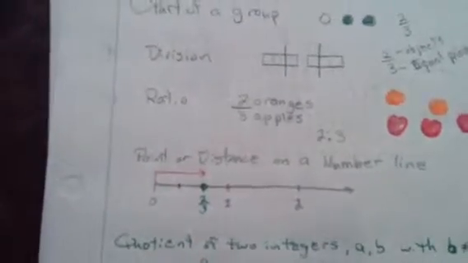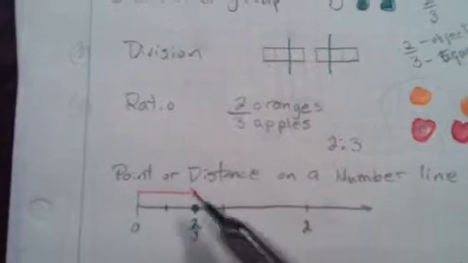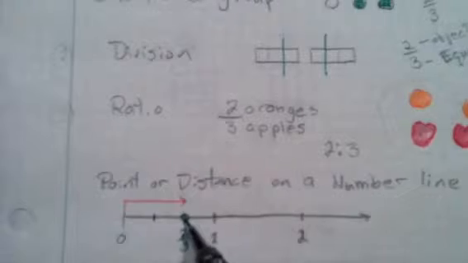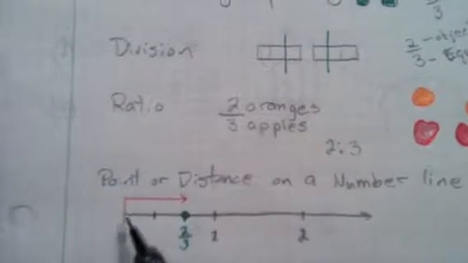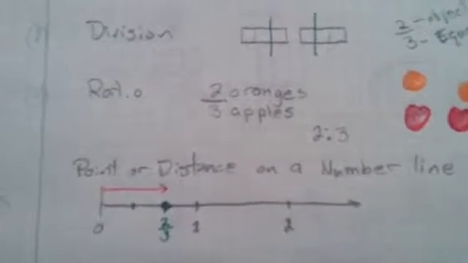And then this 4th one here is a point or distance on a number line or a ruler or something like that. And so from 0 to 1, this point is 2/3 of the way there, and this distance is 2/3 of one whole length in this case.